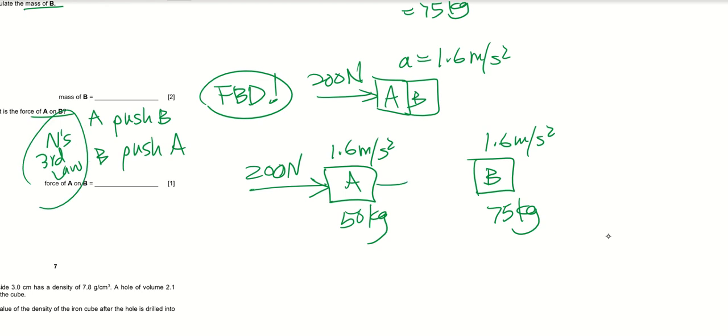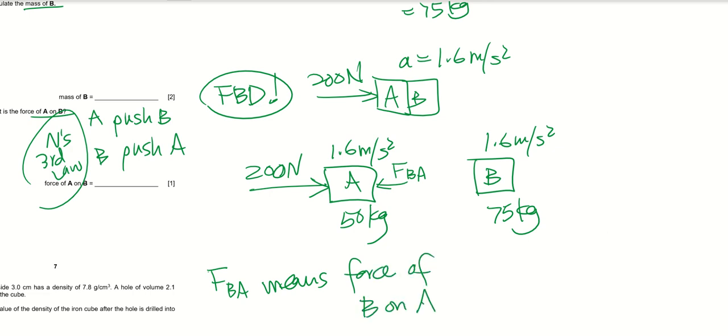So there is a force of B on A. FBA means force of B on A. Why don't we draw the force of A on B, FAB?